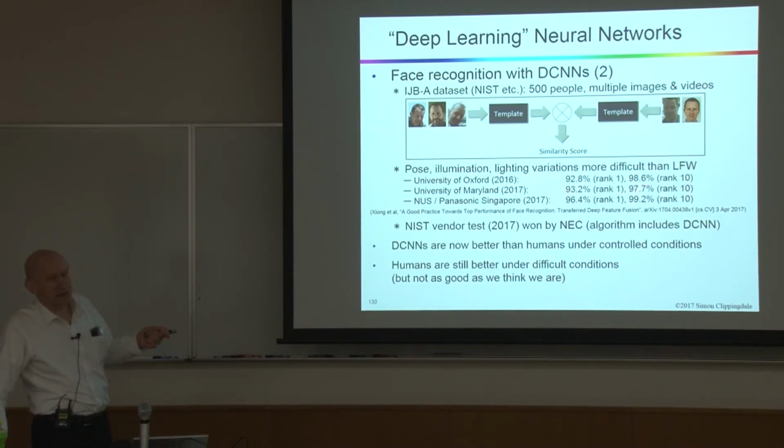Their rank 10 accuracy actually fell for complicated reasons. Then National University of Singapore and Panasonic R&D in Singapore very recently hit 96.4 here, 99.2% on rank 10. So this is now getting saturated. And that's their paper. I think that's the NUS paper. That's from April, actually, April 2017.